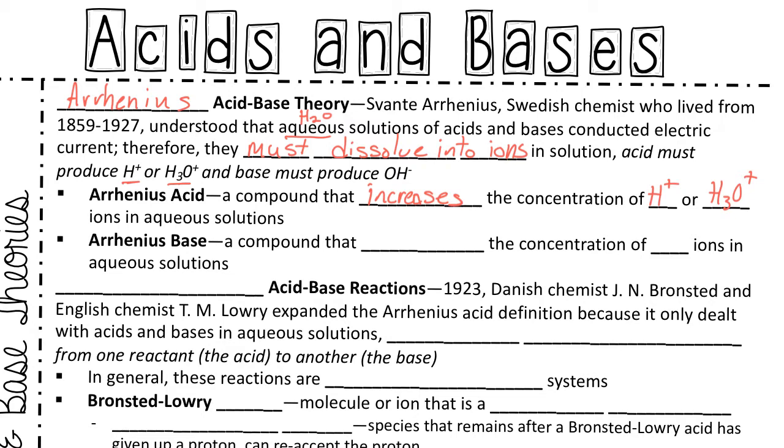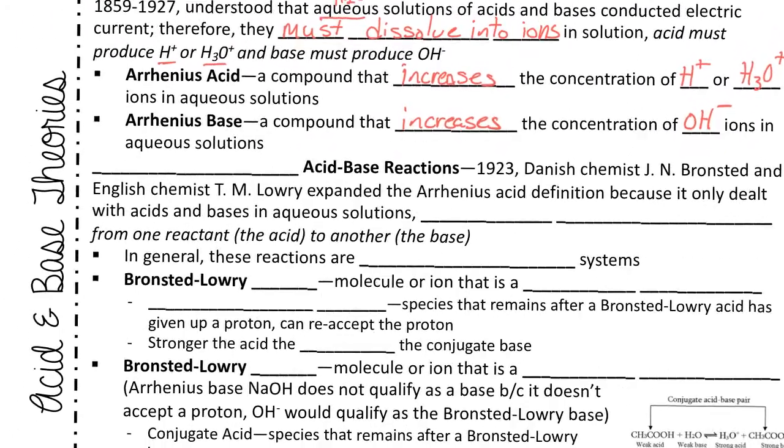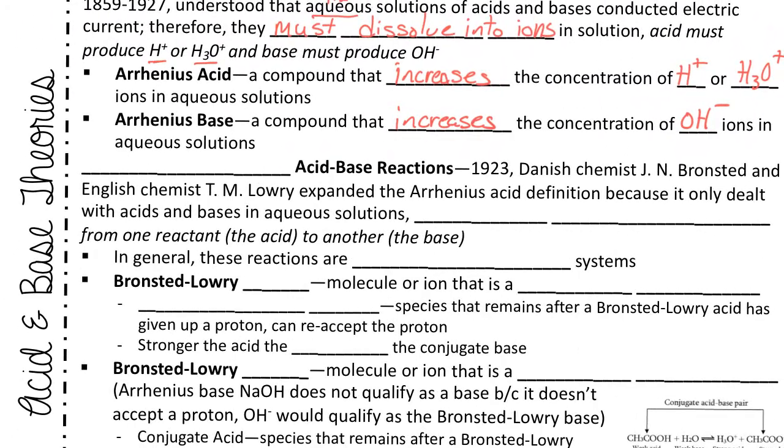Remember, Arrhenius's base was a compound that increases the concentration of OH negative ions. So that was Arrhenius. His definition just had to do with hydrogen and OH, which is called hydroxide.